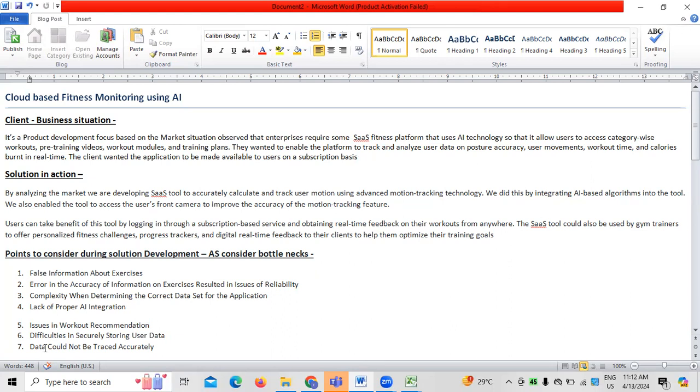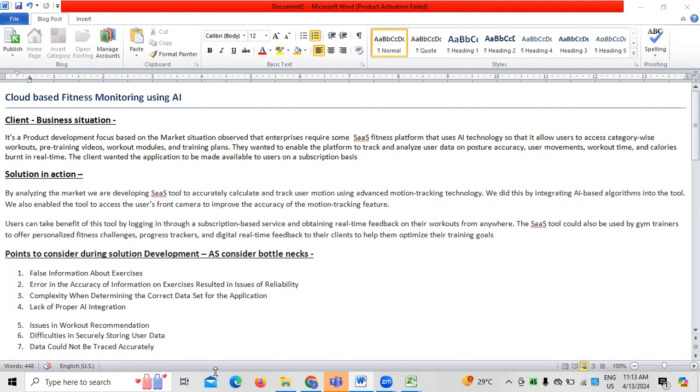At the same time, we want to enable the platform so that it can be useful to track and analyze the user data, such as posture accuracy, user movements, workout times, and calories burnt in real time.